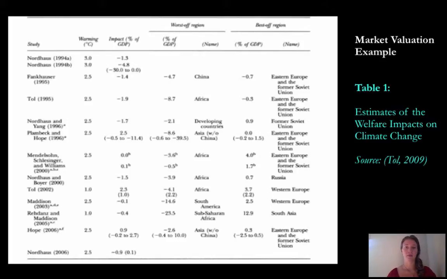So this is market valuation strategies. This table estimates the welfare impacts of climate change. Most studies use a parameter warming of 1 to 3 degrees, and IPCC consistently reports that 2 degrees Celsius of warming is expected.